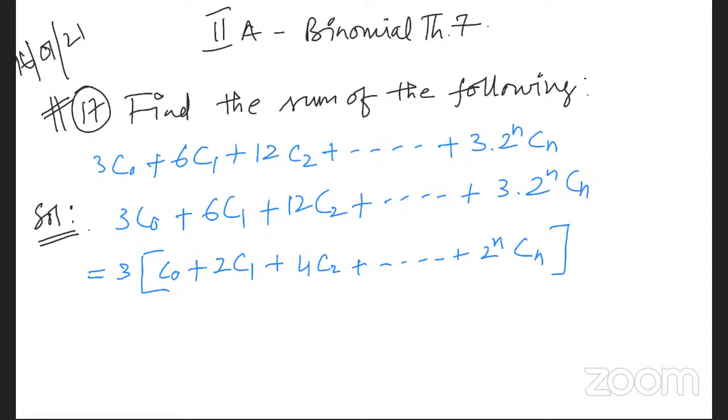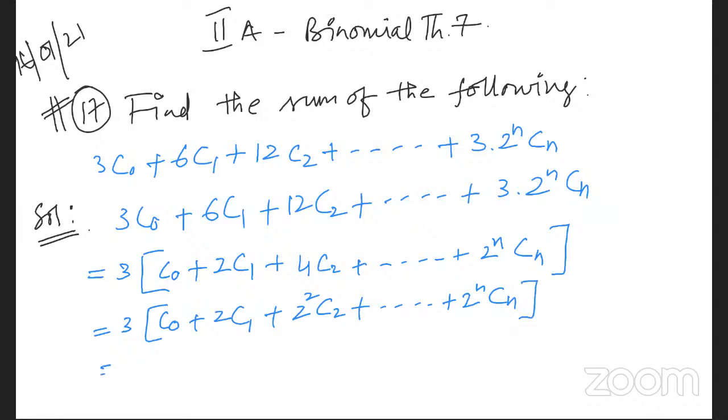This can be written as 3 into C0 plus 2C1 plus 4, which can be written as 2 square into C2, plus so on plus 2 to the power of n Cn.